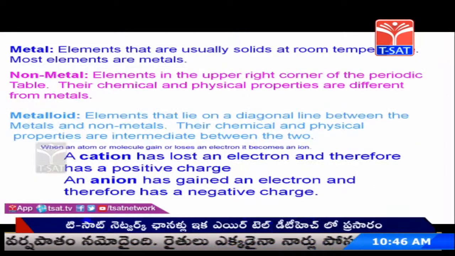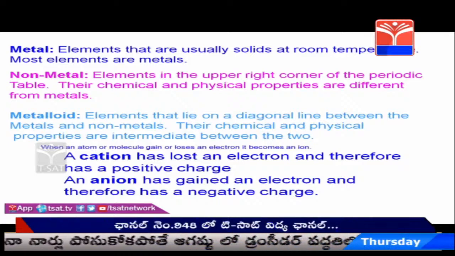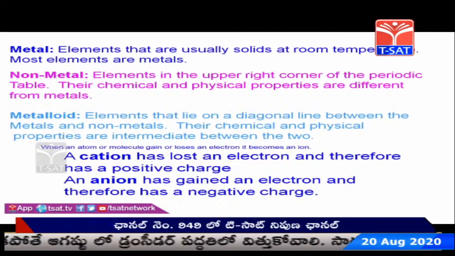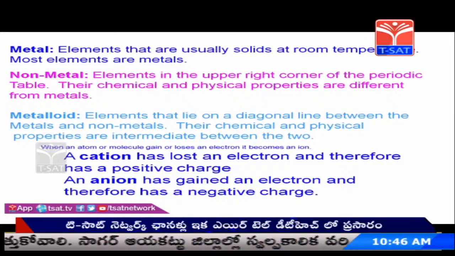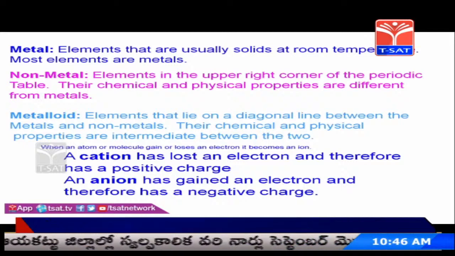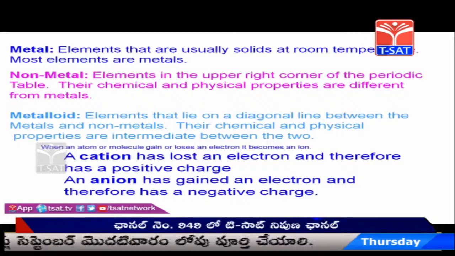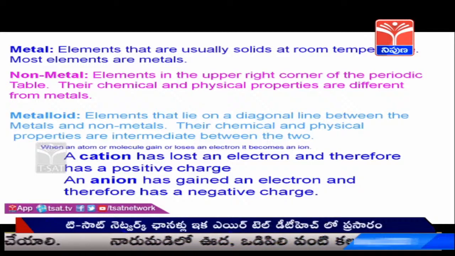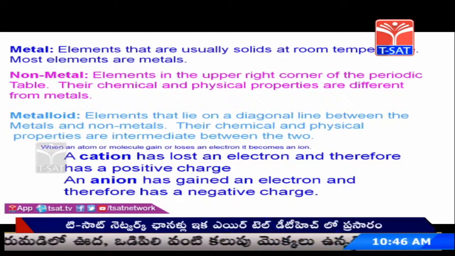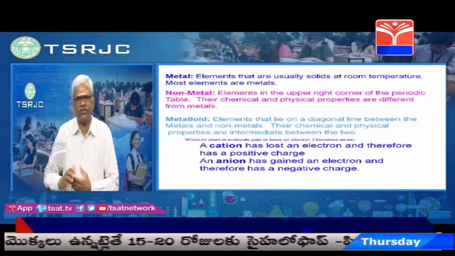Non-metallic elements are in the upper right corner of the periodic table. And apart from metals and non-metals, there are metalloids. Metalloids are the elements which change their metallic property into non-metallic property. That means they do not have a fixed metallic property.